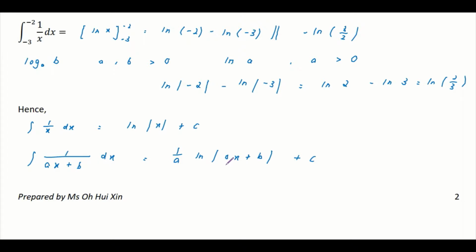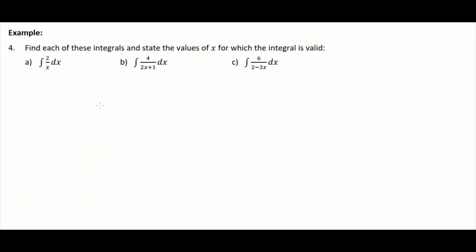Okay, let's look at a few examples before we end the lesson. Same thing, let us just write down the formulas. When you integrate 1 over x with respect to x, you get natural log modulus x plus c. The other one is when you integrate 1 over ax plus b dx, then you will have 1 over a natural log modulus ax plus b, plus c.